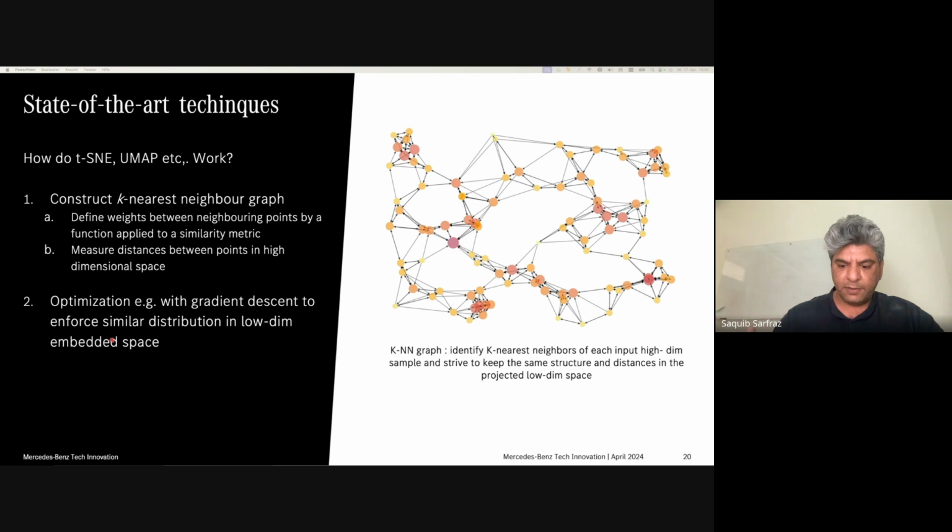And the objective is to then push and pull. So you basically pull the closer points together and push the farther points apart, right? So typical contrastive learning is then performed to finally obtain the embedding.